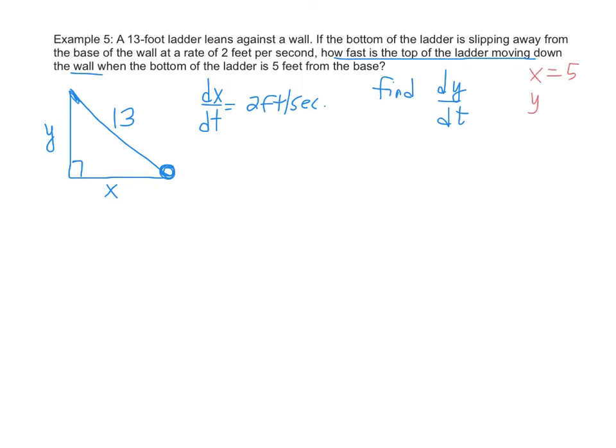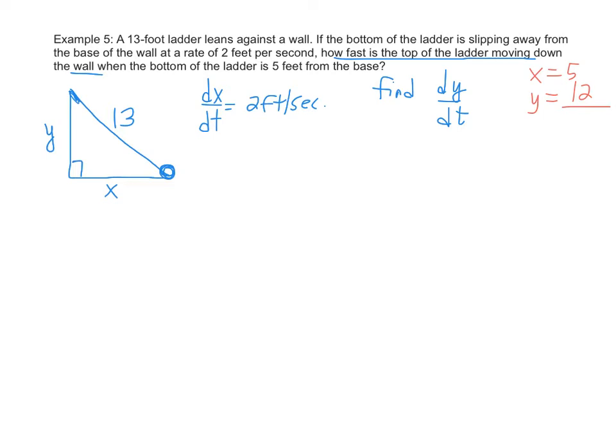Notice we're not told directly what y is equal to. So at this precise moment, when x is 5, y would have to be 12. Isn't that a nice Pythagorean triple, right? Usually you'll see nice Pythagorean triples in these problems, right? 5 squared plus 12 squared would give you 13 squared. If you're not sure how to find that, you'd have to do Pythagorean theorem.